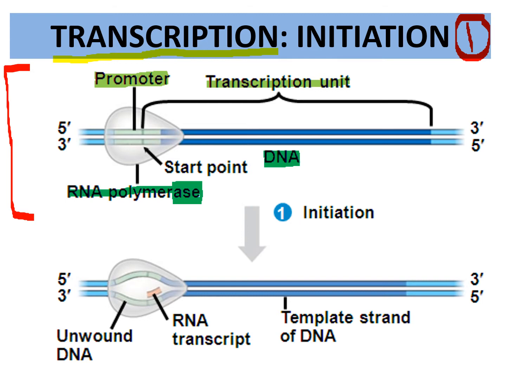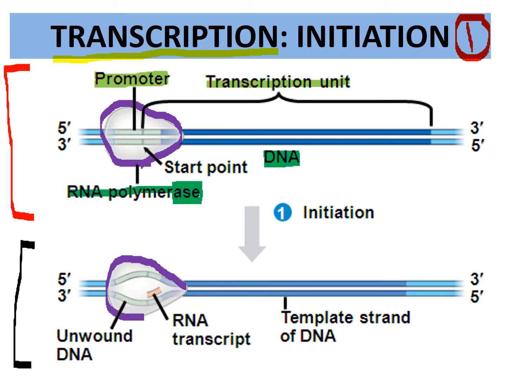If we now have a look at the second diagram, we can see the region in which your RNA polymerase is found. This is your RNA polymerase in your first diagram, same thing in your second diagram.